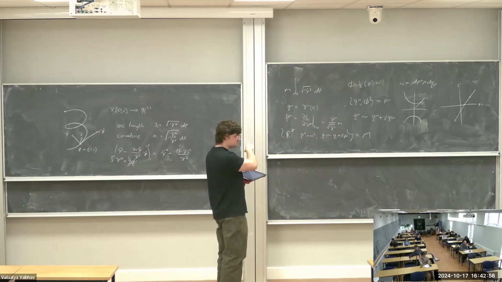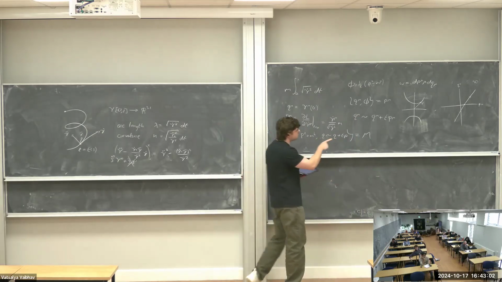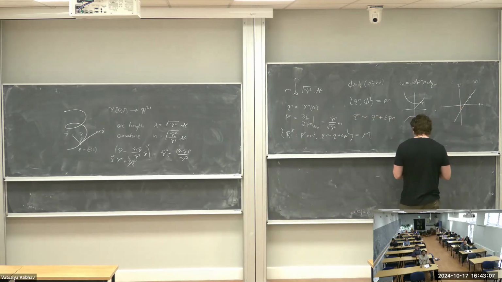And this is my classical theory. Every point in this space corresponds to a world line along which a massive particle travels.